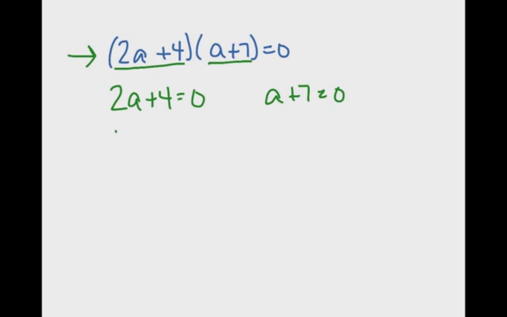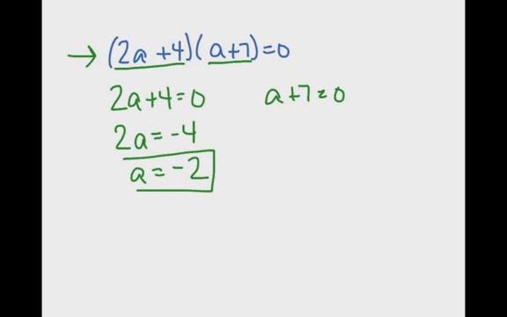On the first one, we're going to subtract 4 and then divide by 2. So a can equal -2. In our second one, we subtract 7 and find that a can equal -7. So if a equals -2 or a equals -7, that would make our original equation true.